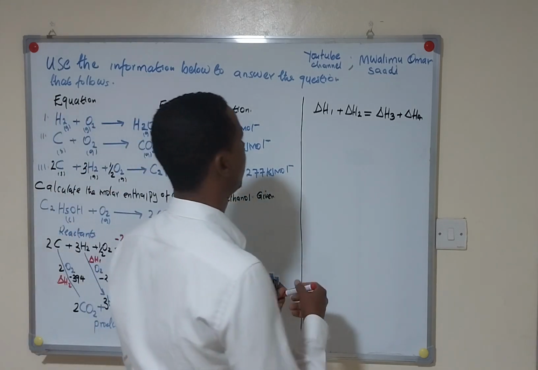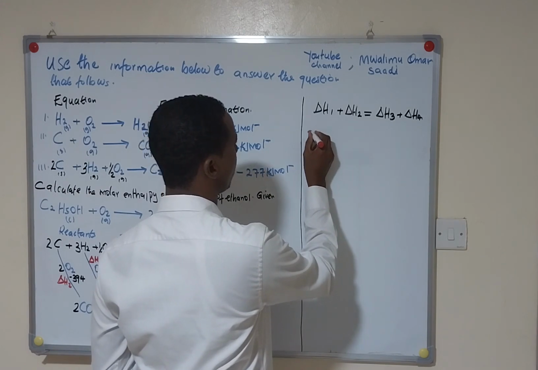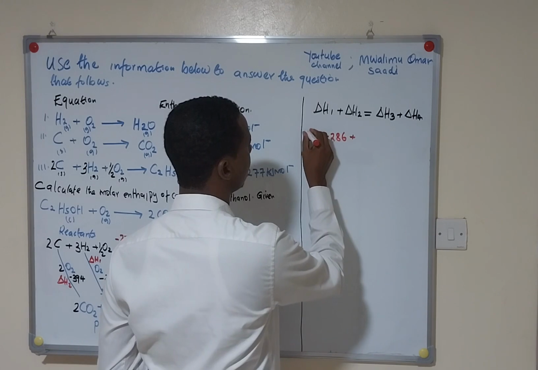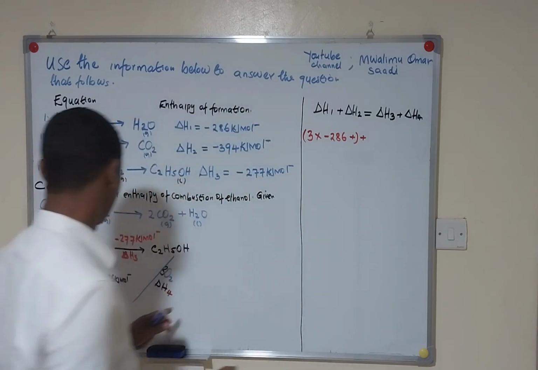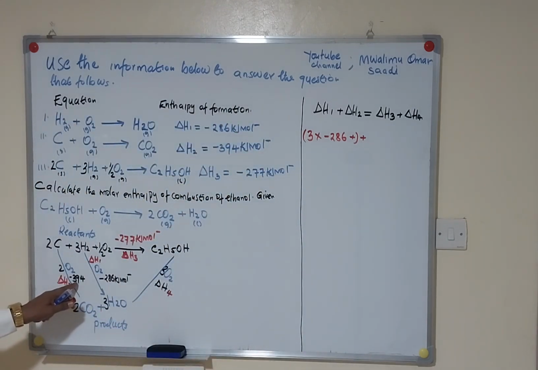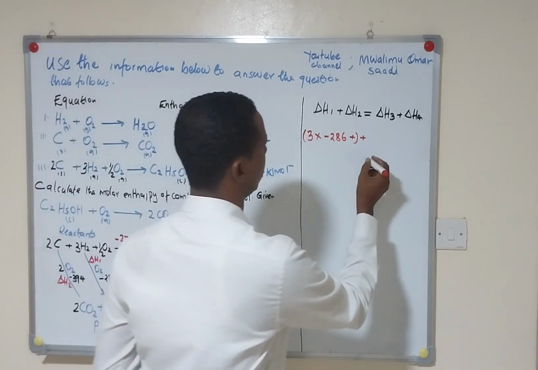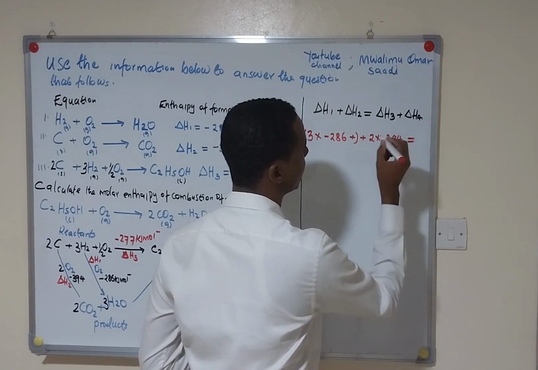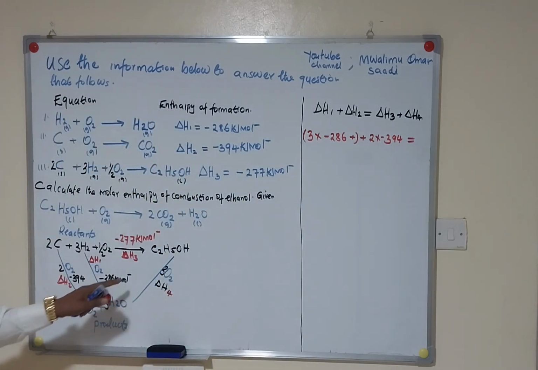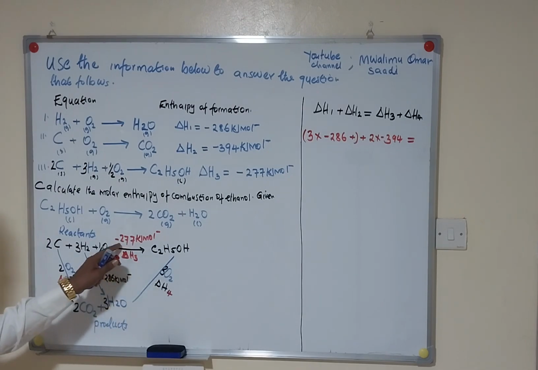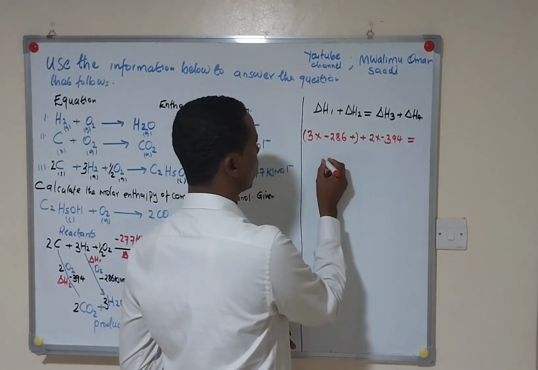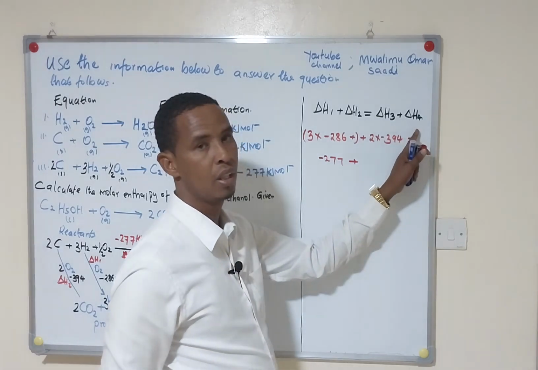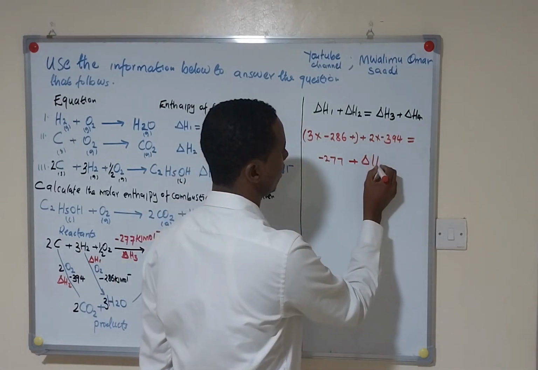So we have 3 times negative 286, plus the enthalpy of combustion of carbon, 2 times negative 394, is equal to the enthalpy of formation of ethanol, negative 277, plus the enthalpy of combustion of ethanol, which we are finding.